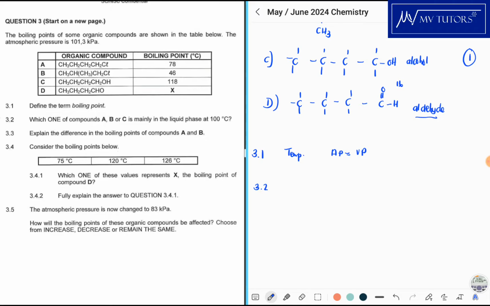Basically A and B are out because they reach boiling points before 100. So C would have to be the one, which is our alcohol there.